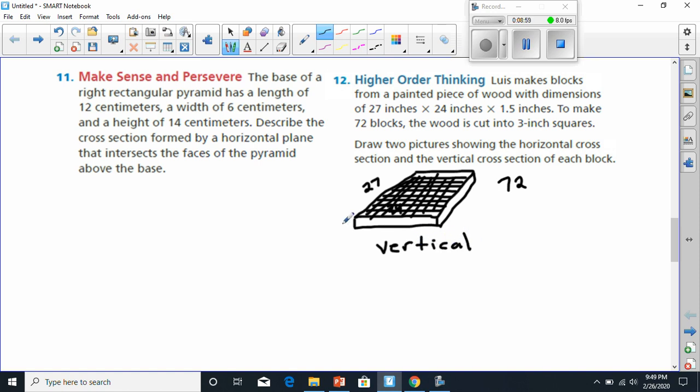The vertical, which is the up and down, is going to still be 1.5, because we didn't cut that. Let's see, that'll be 1.5, but it will be 3 long.